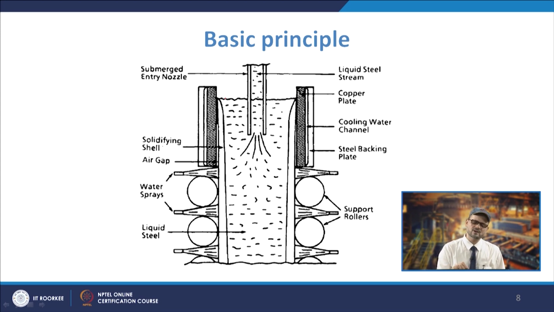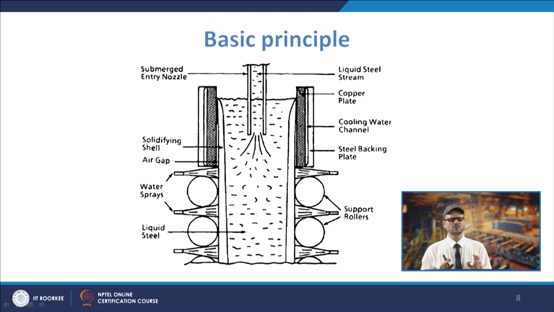After melting, this powder will go in between the mold and the liquid steel, and it will pass through it. It will ensure that there is no sticking of the liquid steel to the copper mold.